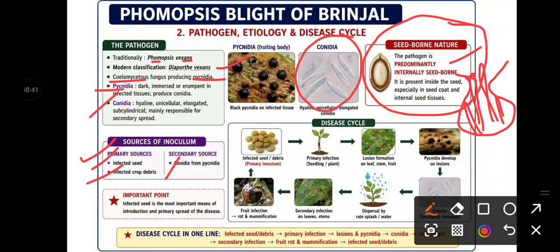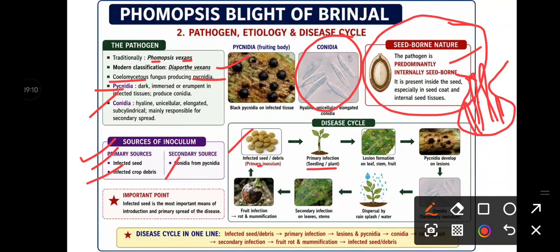So disease starts from infected seed. As I have already told, it is an internally seed-borne disease. So primary inoculum comes from the seed, or it may be present in the plant debris. Then it will infect the seedling. In seedling, as I have already shown in the photo, it causes lesions in the stem region that ultimately girdle the stem.